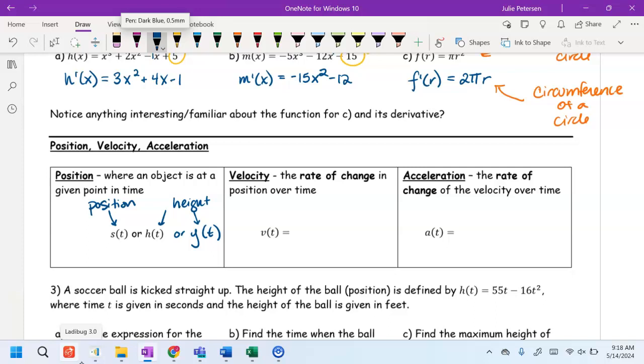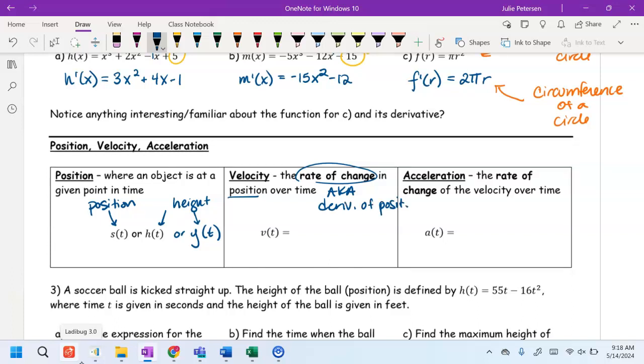If you want to represent the velocity using that position function, the velocity is the rate of change in the position over time. So, aka the derivative. Derivative of position.